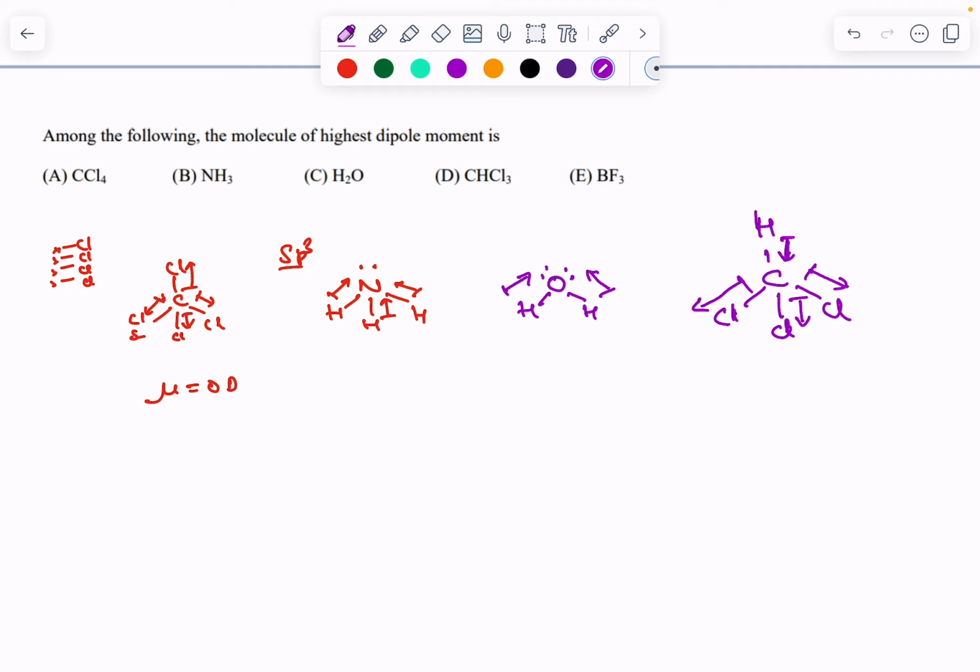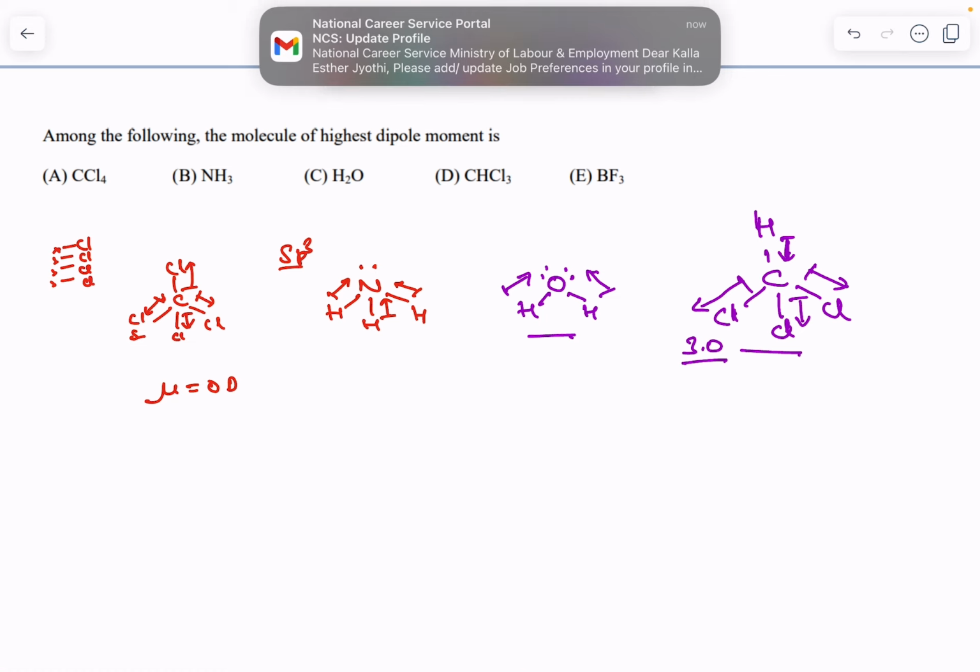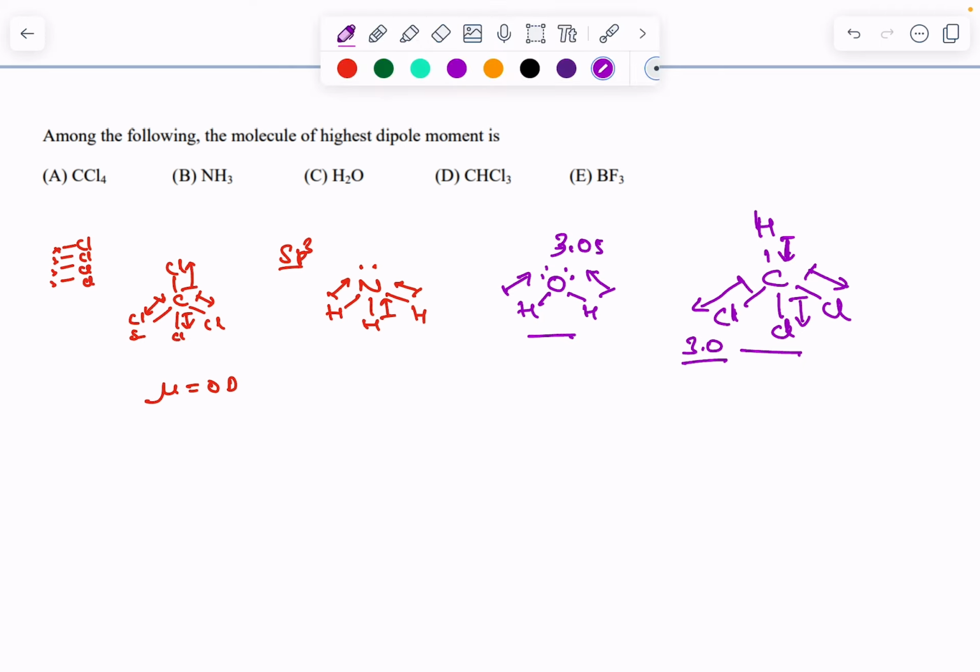Again the charge is pulled towards the chlorine. Chlorine's electronegativity is around 3.0, so it pulls electron density towards the chlorine atom. But oxygen's electronegativity is 3.5, so more pulling is there. Dipole moment is more in water compared to chloroform, CHCl3.